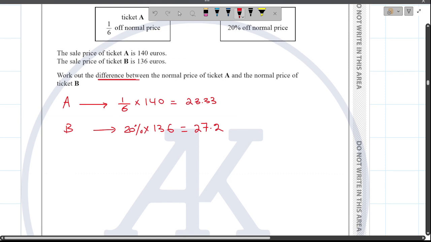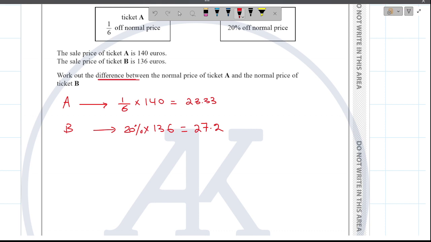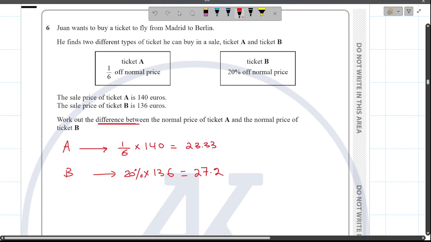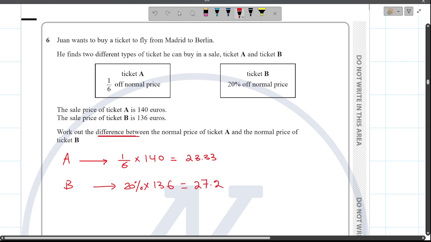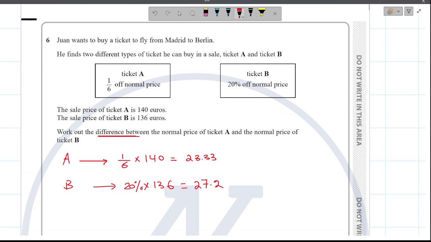Work out the difference between the normal price of ticket A and the normal price of ticket B. Here we have 140 for ticket A. This is the sale price.